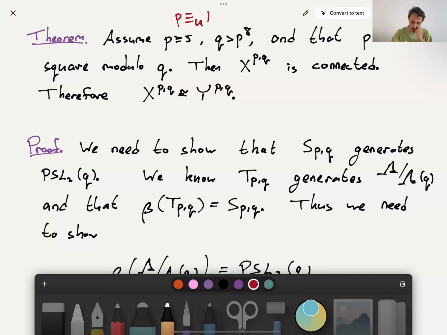You can also work with p congruent to 3 modulo 4, and when p is not a square modulo q, but let's keep things simple. Then what I'm saying is that X_pq is connected. That's what we wanted to prove here. And in particular, because we know that Y_pq is a connected component of X_pq, that would imply that they are the same graph, they are isomorphic.